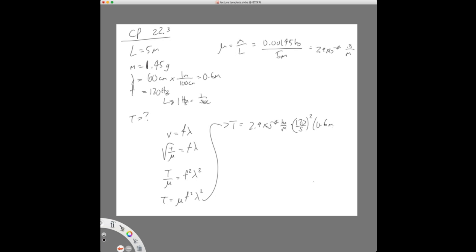Okay. And then my lambda is the 0.6 meters. So if we look at units here, we're going to get kilogram meters squared per second squared divided by meters. So we get kilogram per second squared, which is newtons. So that kind of confirms that we're doing the right thing with regard to the units. I get about 1.5 newtons.